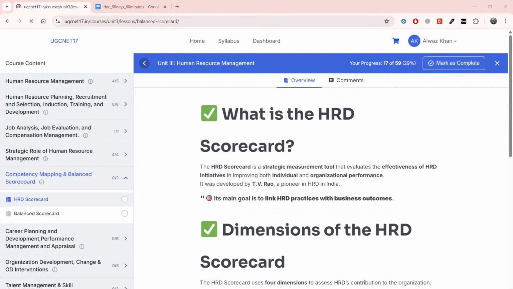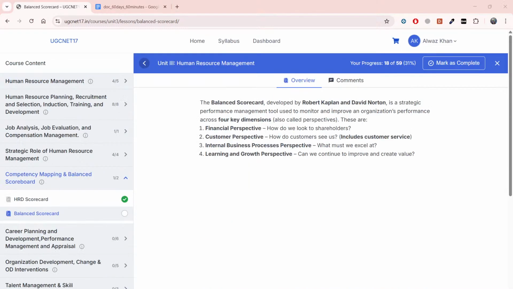Now we'll see the next part. The Balanced Scorecard, developed by Robert Kaplan and David Norton, is a strategic performance management tool used to monitor and improve an organization's performance across four key dimensions. These are financial perspective, customer perspective, internal business process perspective, and learning and growth perspective.